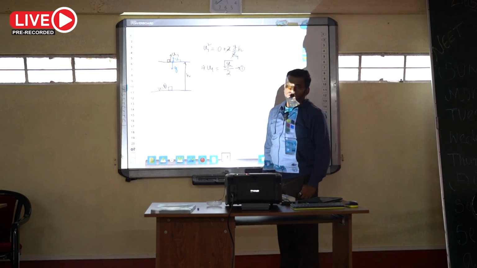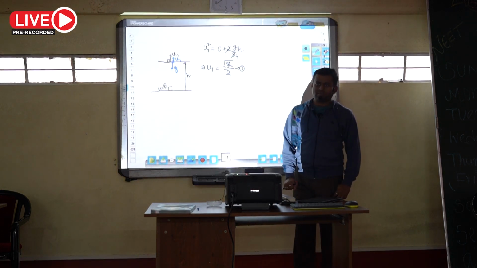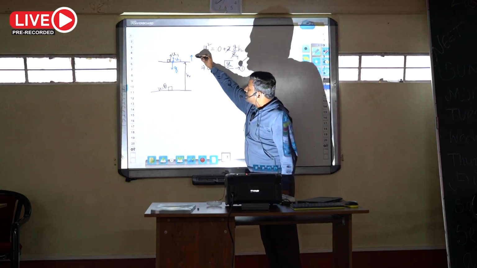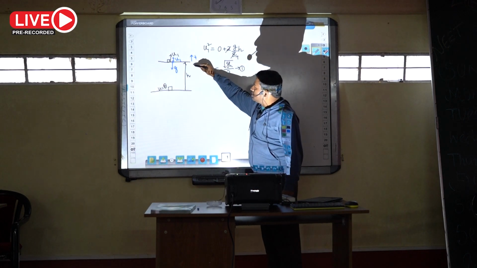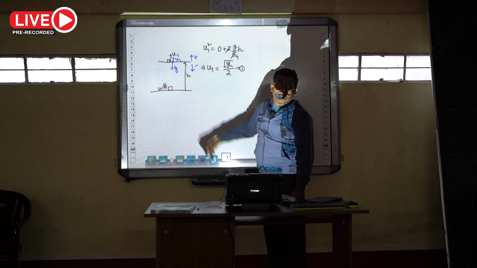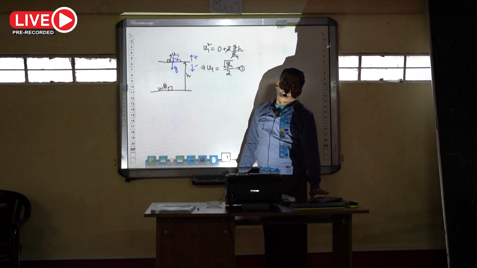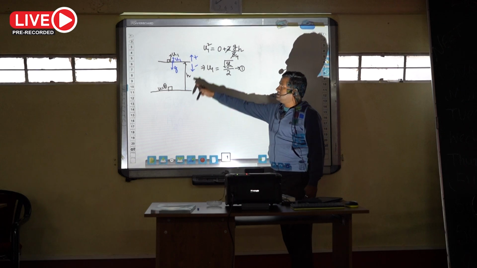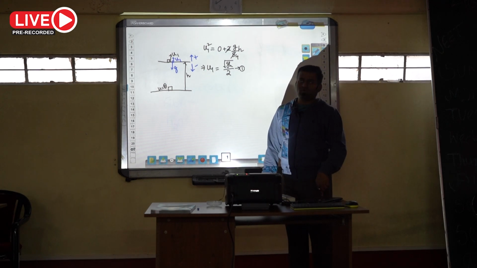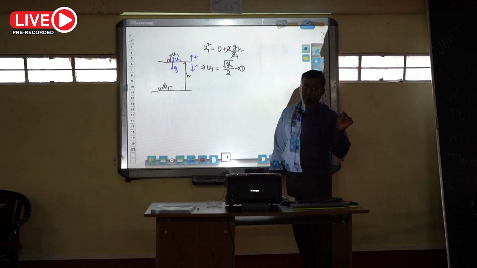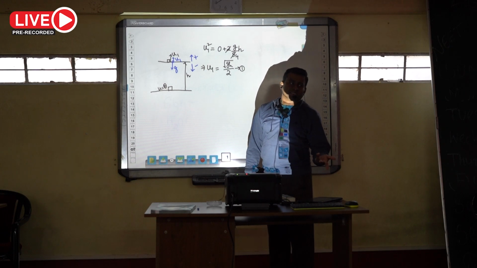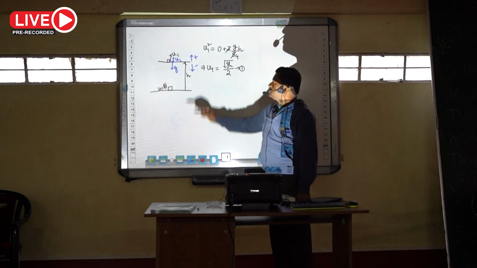Now for the stone, you have to write the equation. I assign that all the quantities above this are positive, all the quantities below this are negative, like positive y-axis and negative y-axis. So in that respect, if I try to find the time taken by the stone to come to the ground, if that is t, then I will consider the equation s equals ut plus half at square. So first, what is s?